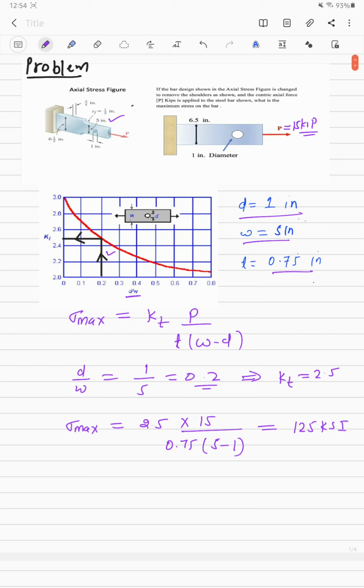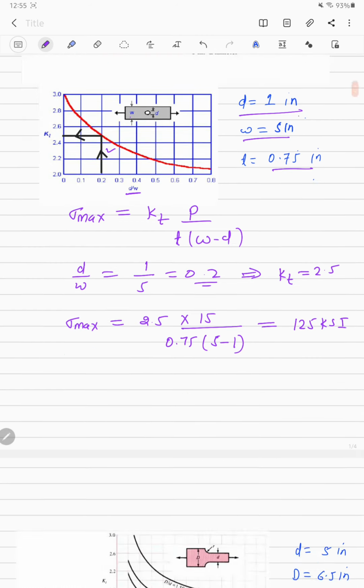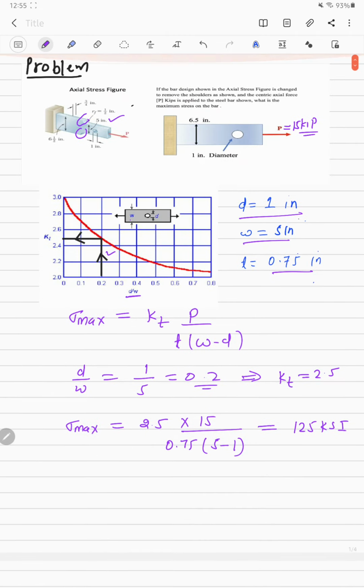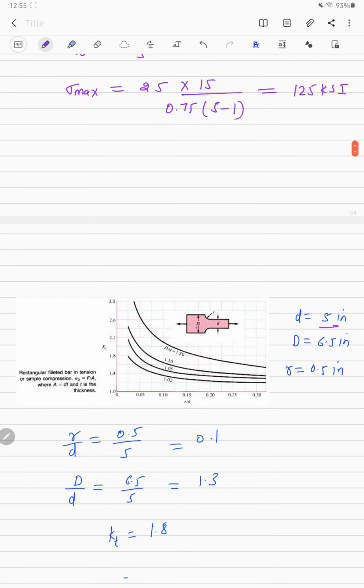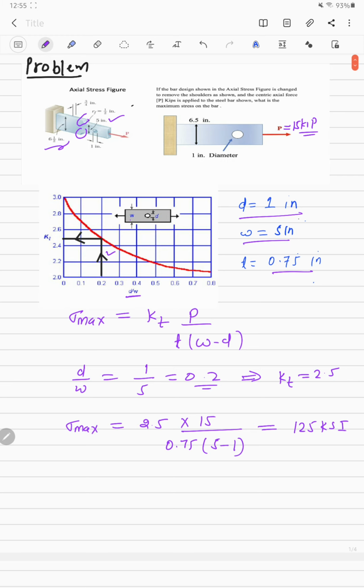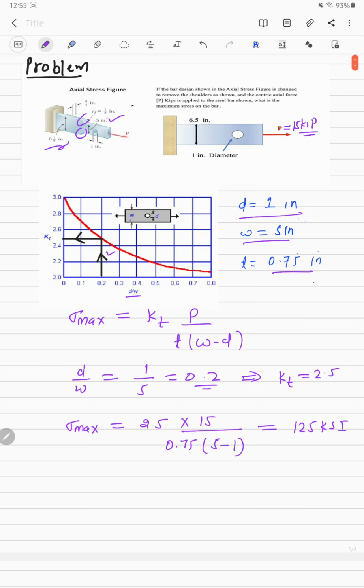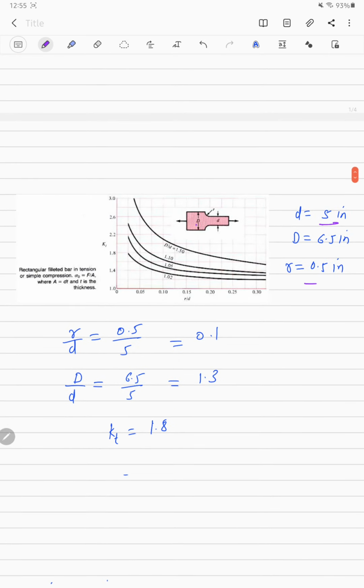We also have to find maximum stress due to the shoulder. This can be found with the help of this graph. According to our problem, small d is 5 inch, capital D is 6.5 inch, and R, the radius of curvature, is 0.5 inch.